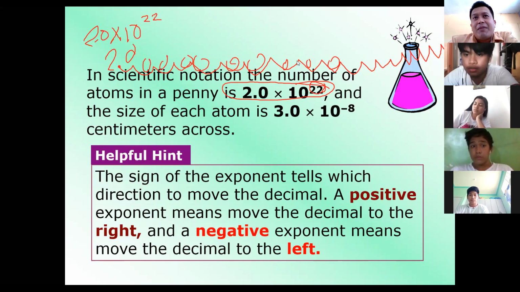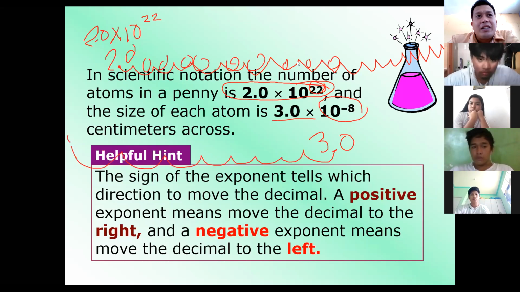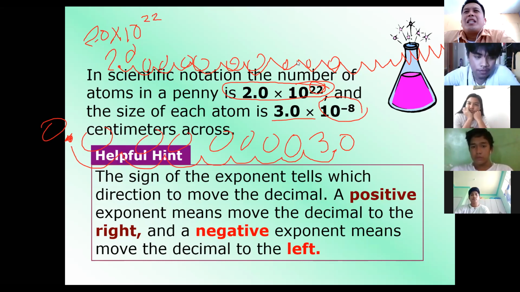And then for the negative value, if this is your original scientific notation, if the exponent is negative, let's move it to the left. You have 1, 2, 3, 4, 5, 6, 7, 8. So this is now your decimal point. Therefore, you have here the original number in decimal notation. Get it? Or let's put it this way, class.